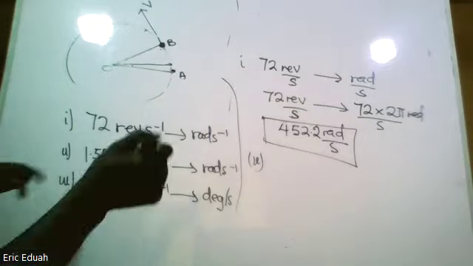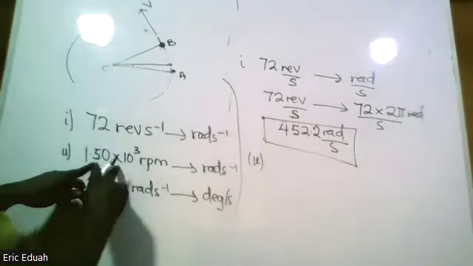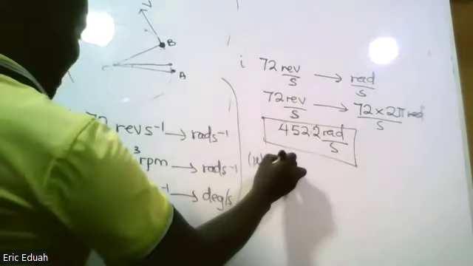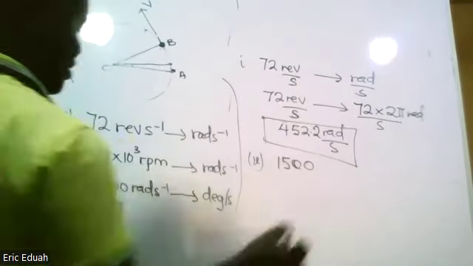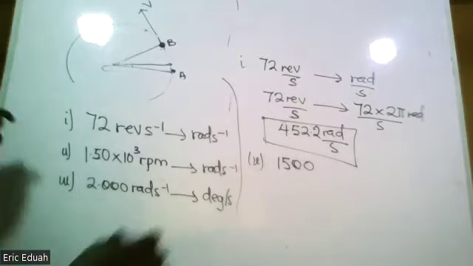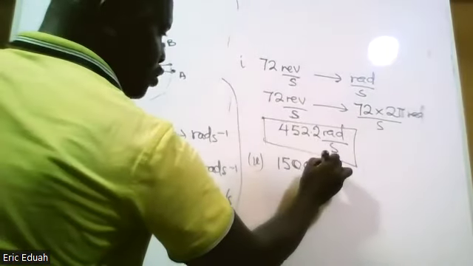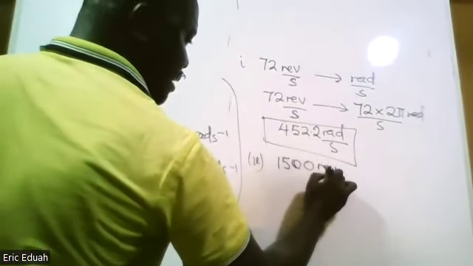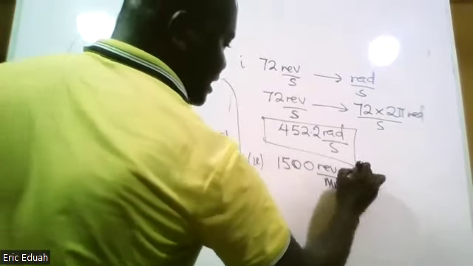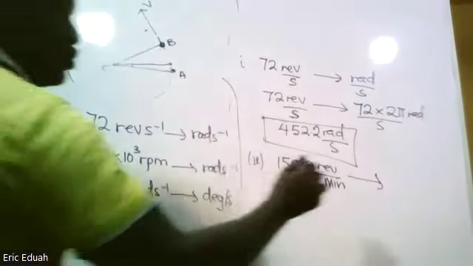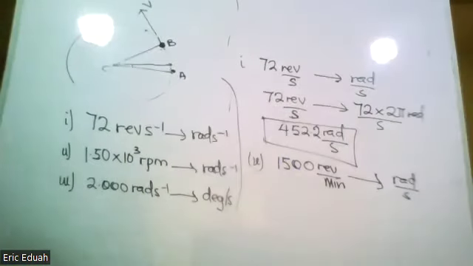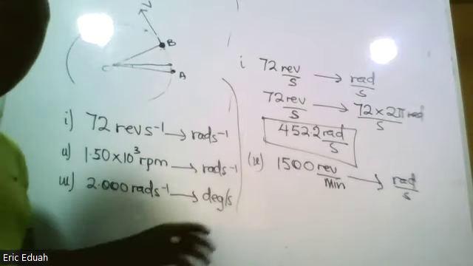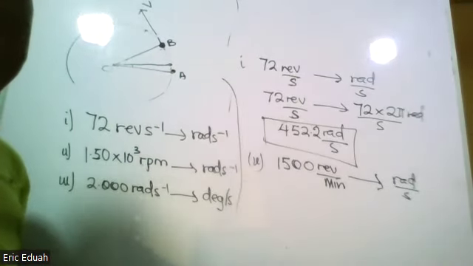Then II, we have 1.5 times 10 to the power 3, and this is the same as 1,500. But we have revolution per minute, and our task is to convert this to radian per second. Here we have issues with both numerator and denominator.